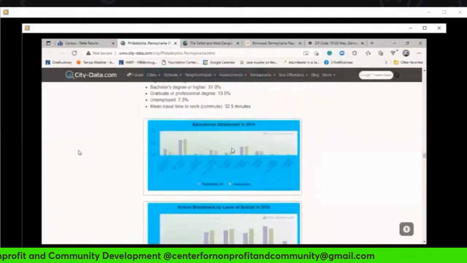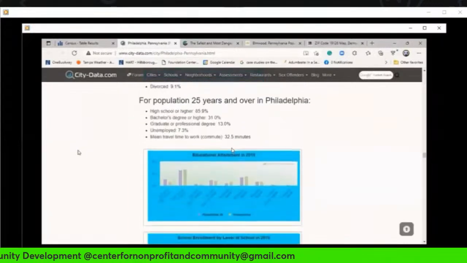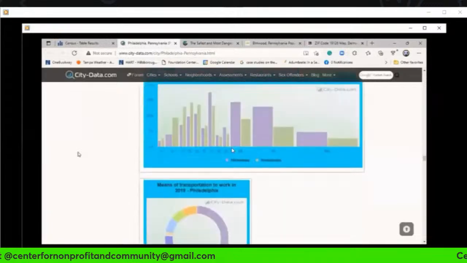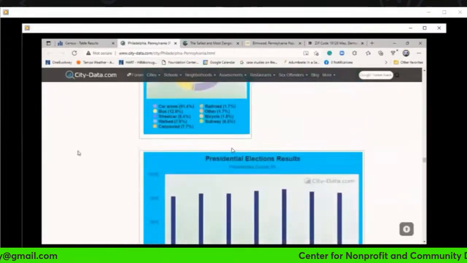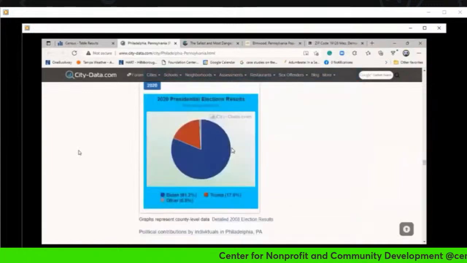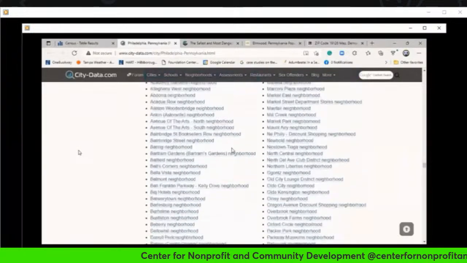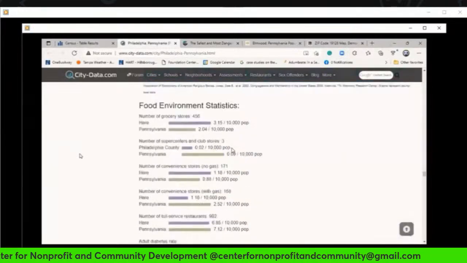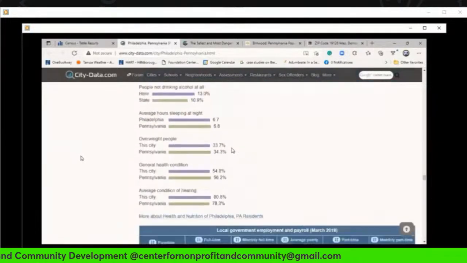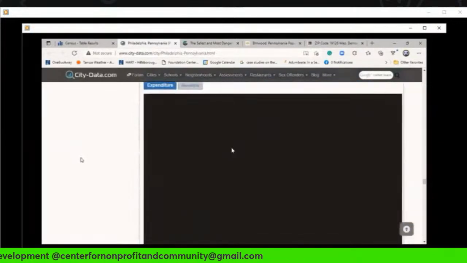Some of you by now are saying I can't take no more. The others of you who are still here are saying, yes, this is what I've been looking for. As you can see, it is so much data here. And I'm going to go quicker now.